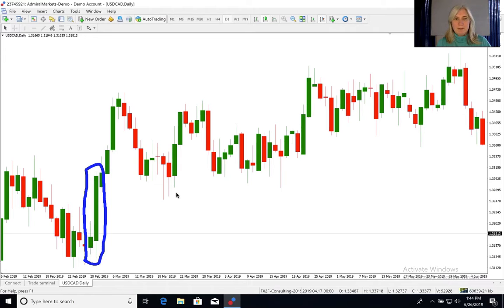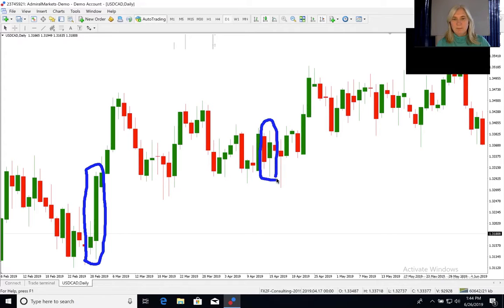All right, let's have a look what else we have. There is actually another bullish engulfing here. So we have a smaller candle and then one that engulfs or is larger than the previous one.